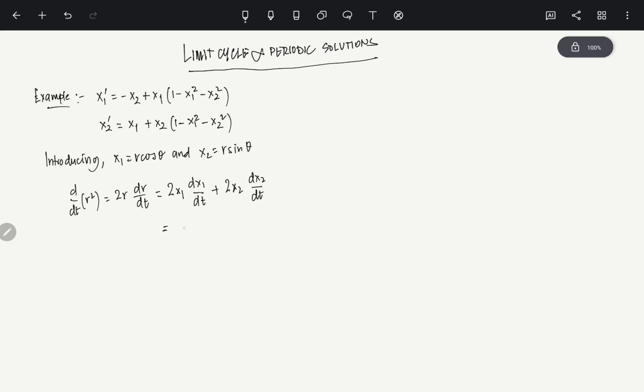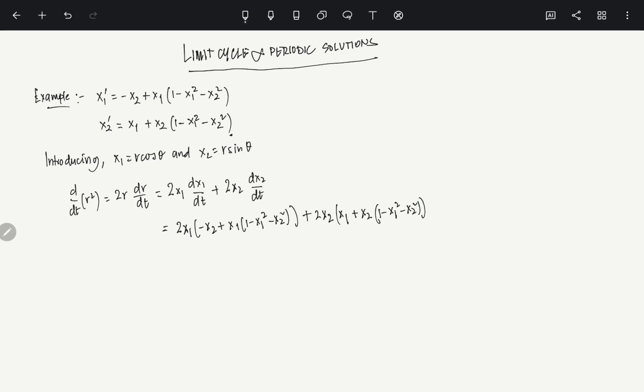The 2x1 dx1/dt, I can write as 2x1 times (minus x2 plus x1 times (1 minus x1 square minus x2 square)), plus 2x2 times dx2/dt, which is x1 plus x2 times (1 minus x1 square minus x2 square).